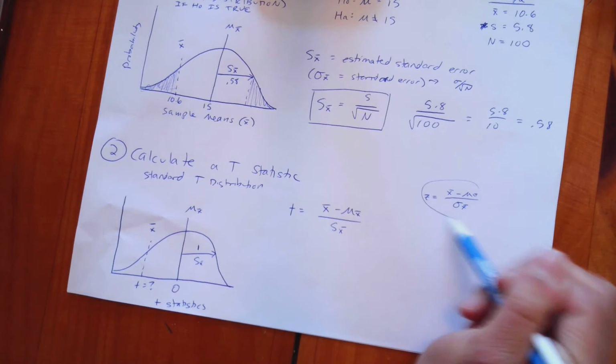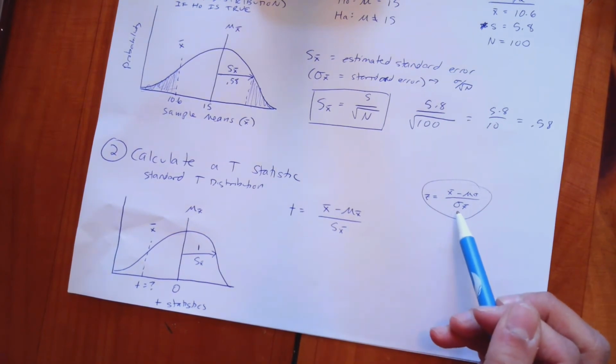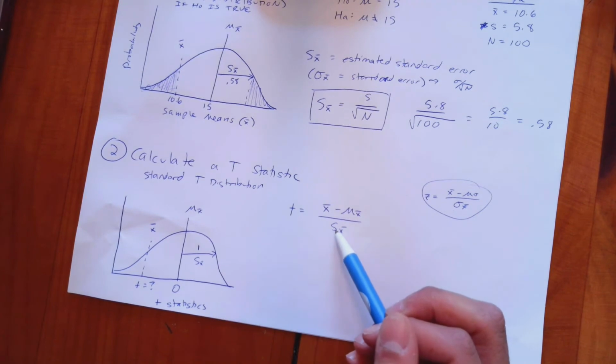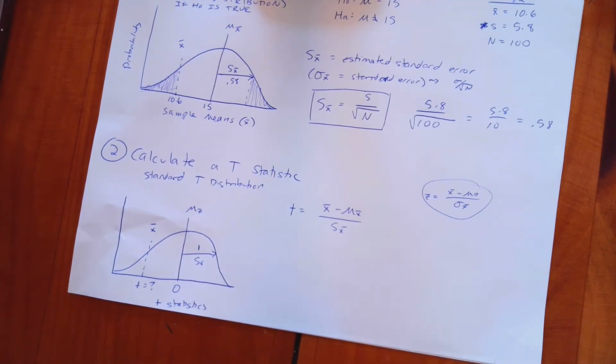So the only thing that's different is that instead of having the actual standard error of the sampling distribution, now we have the estimated standard error, and we call it t instead of z. So what we're going to do is calculate a t-statistic that corresponds to our sample mean that will let us plot it on this standardized distribution. So it'll tell us how many standard errors away from the mean we are.